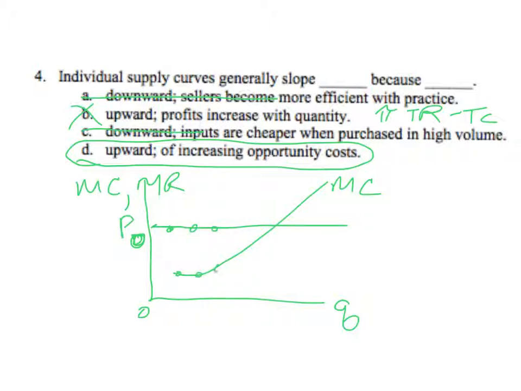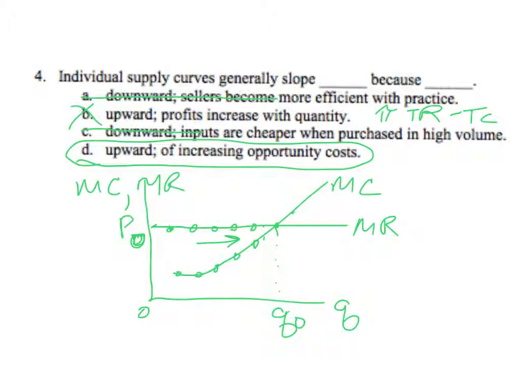As long as price, or equal to marginal revenue, is greater than the marginal cost, you increase profits by increasing output. Only when marginal revenue is just equal to marginal cost should you stop increasing output. Anything less than that, you'd be better off increasing output.